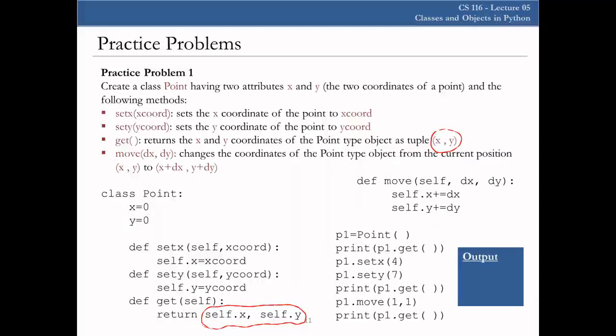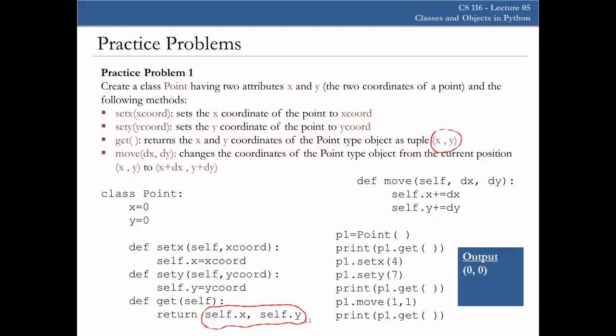The second statement simply prints the coordinates of p1, because p1 dot get will return those values as a tuple. Now since we have not done any custom settings for x and y, what will it return? It will simply return the default value. So this is the output of this statement, and you can see that it's a tuple, right? Because we know that a function by default returns a tuple.